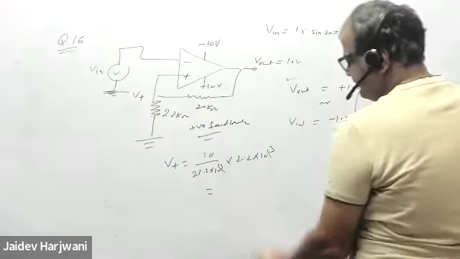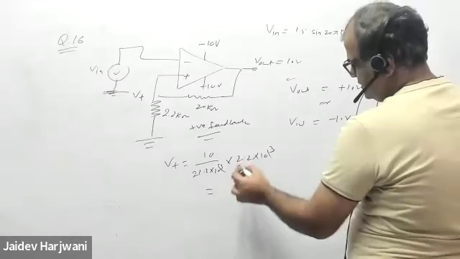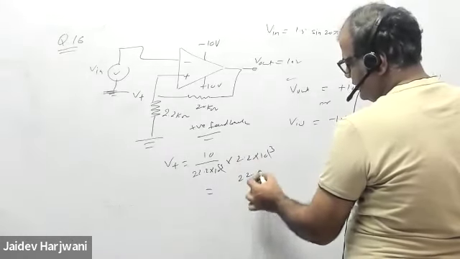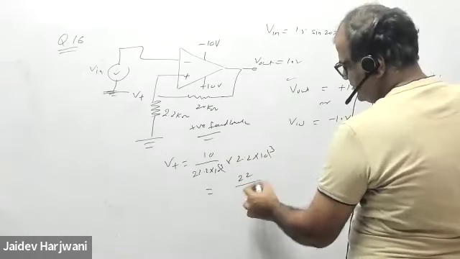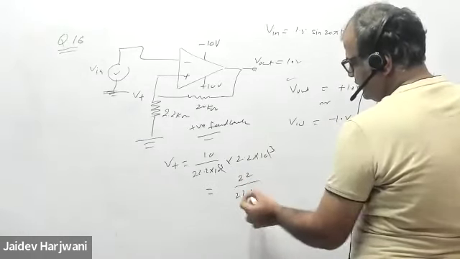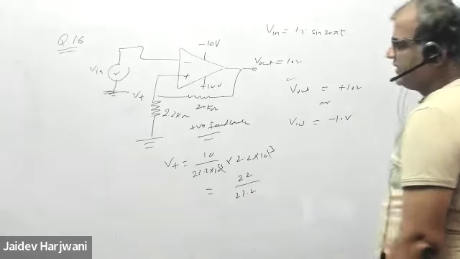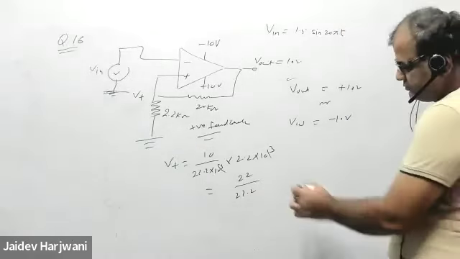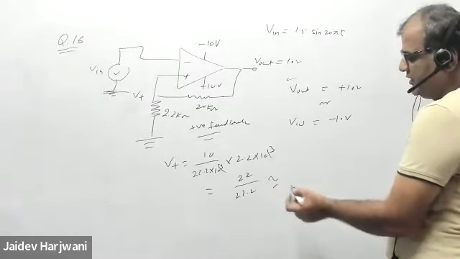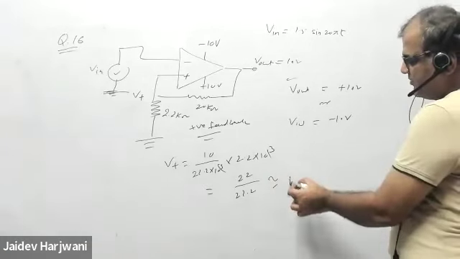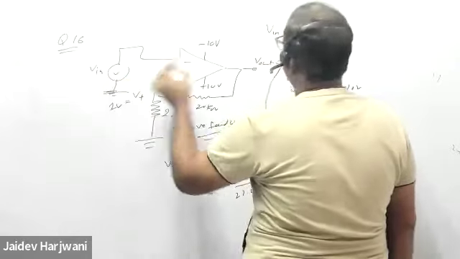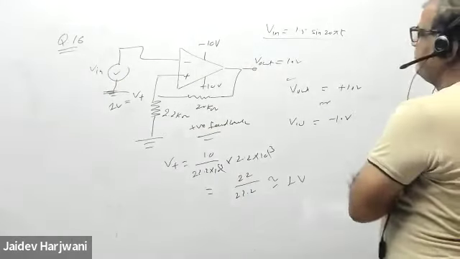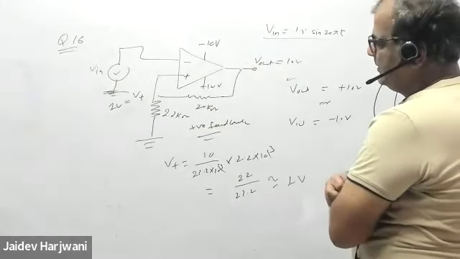This becomes 22, and this becomes 22.2. So approximately it is 1 volt. Yes or no? Okay, some 9 volt something. So say approximately it is 1 volt. So here the voltage is 1 volt, and here this V input has a peak value of 1.5.